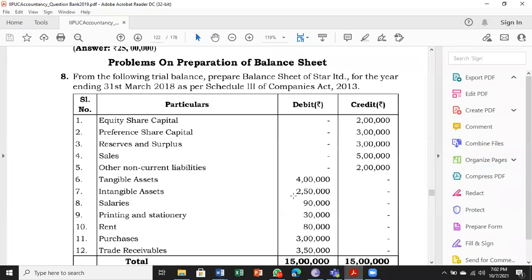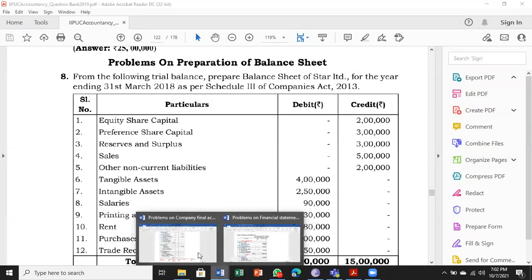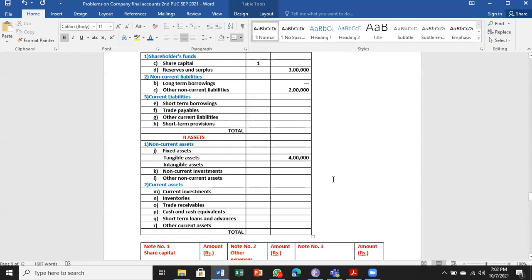So intangible assets 2,50,000. So in the previous problem, we had fixed assets one amount. Here you have tangible assets separate, intangible assets separate.